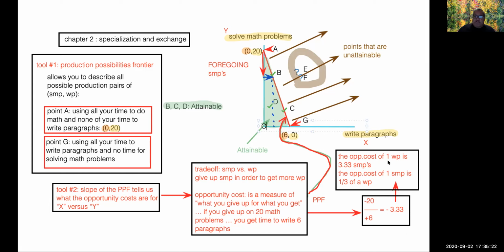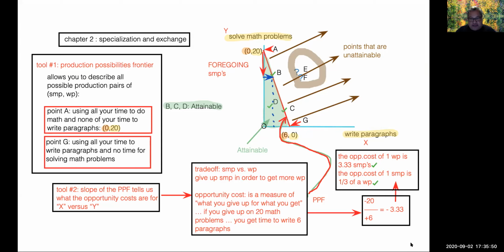One written paragraph is worth 3.33 solved math problems. And likewise, the opportunity cost of one solved math problem would be the reciprocal of that, 1/3 of a written paragraph, sorry. Okay, so that is what the production possibilities frontier enables us to do.